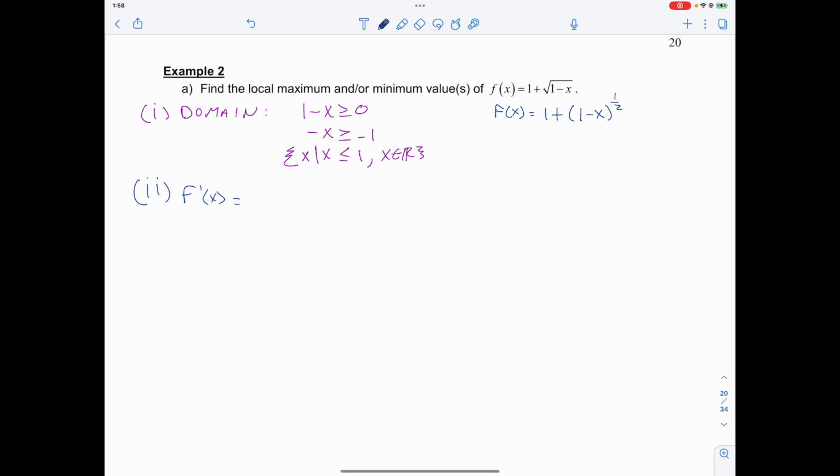Now that 1 is just going to become a 0, but the 1 minus x to the power of 1/2, I got to use that chain rule, 1 over 2, and 1 minus x to the power of negative 1/2 multiplied by negative 1, or negative 1/2, 1 minus x to the negative 1/2, which is, when I move it down to the denominator, just negative 1 over 2 and the square root of 1 minus x.